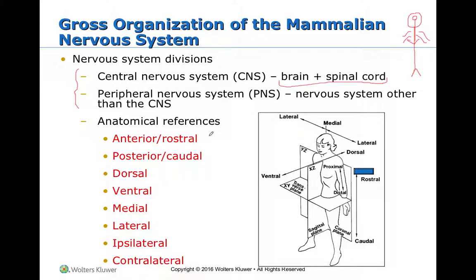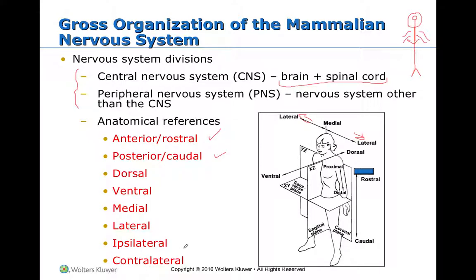If we refer to something as anterior or rostral, we're saying that something is in front of something else. If something is posterior or caudal, it's behind something. Dorsal is towards the top, whereas ventral is towards the bottom. Medial is toward the midline. Lateral is going out to the side. Ipsilateral is within the same side, and contralateral is on the opposite side.